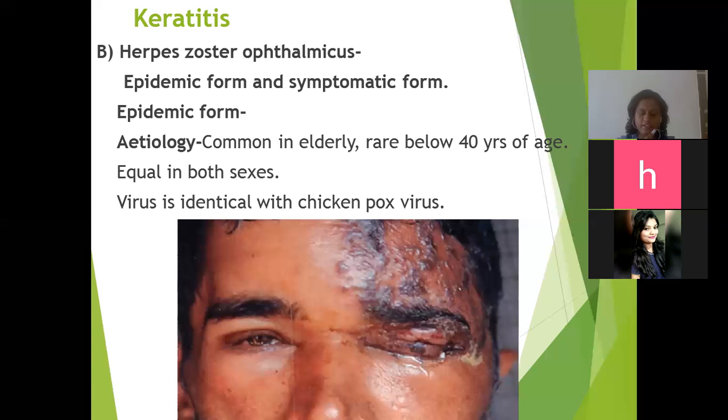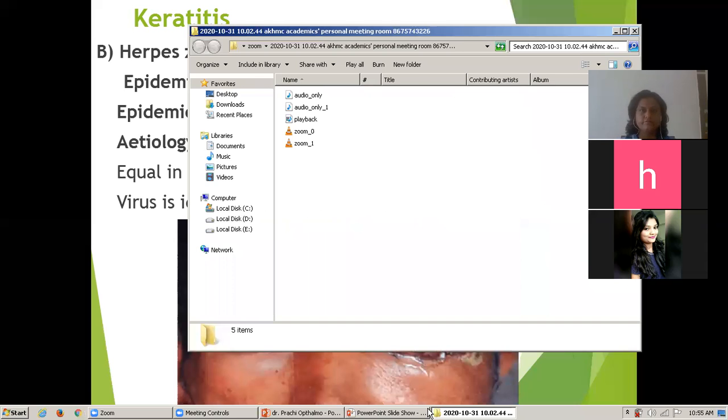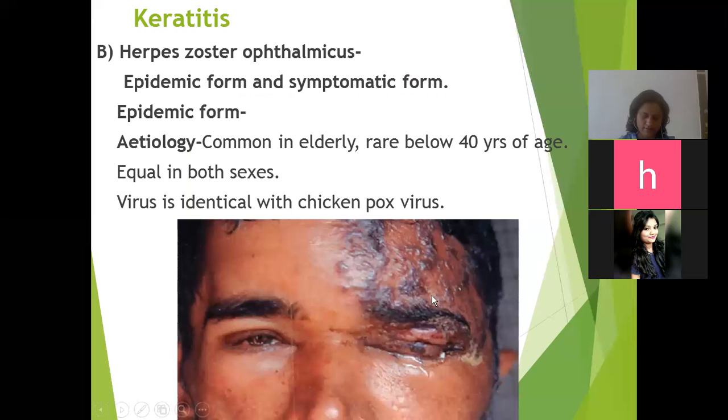Topical steroid in the presence of corneal involvement and anterior uveitis or scleritis. Topical antibiotics can be used to prevent secondary infection, and cycloplegic for iritis or severe keratitis.